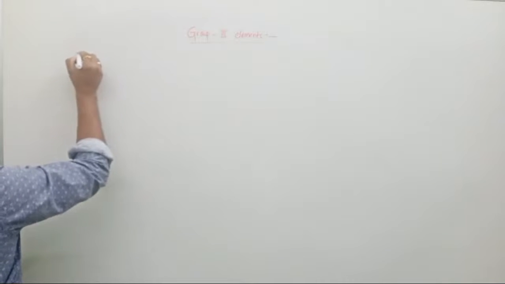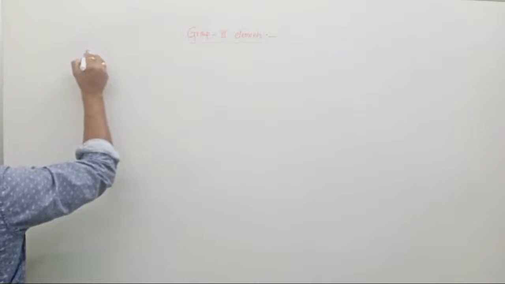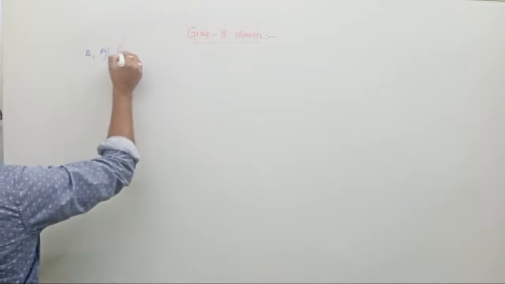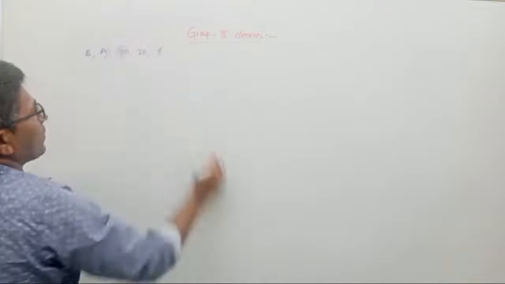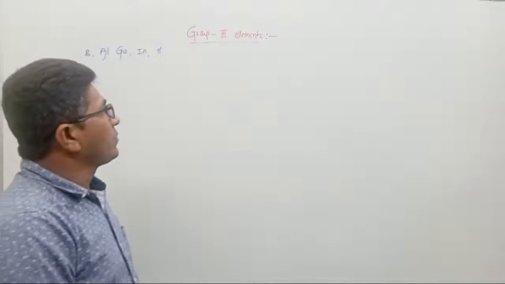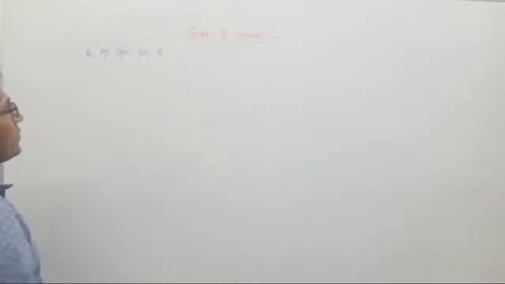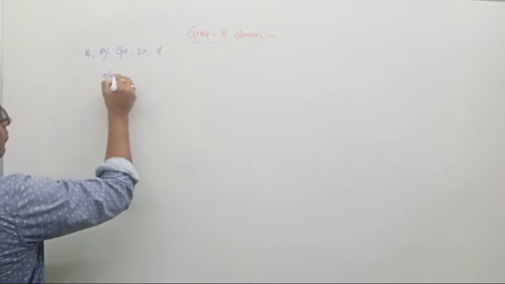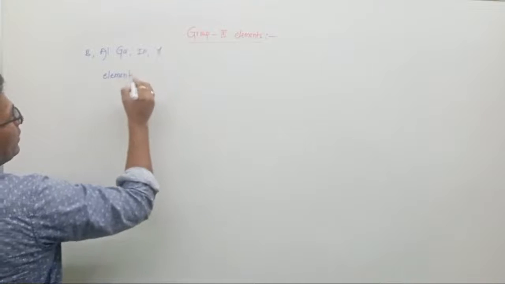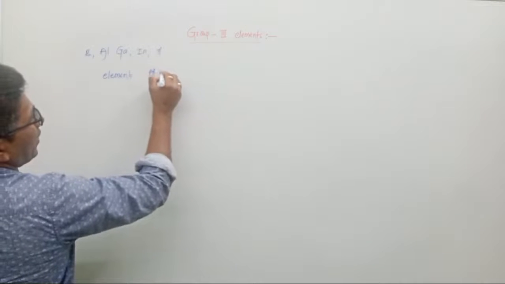Group 3 elements are Boron, Aluminium, Gallium, Indium and Thallium. These are group 3 elements. Now, see the element, its atomic number.